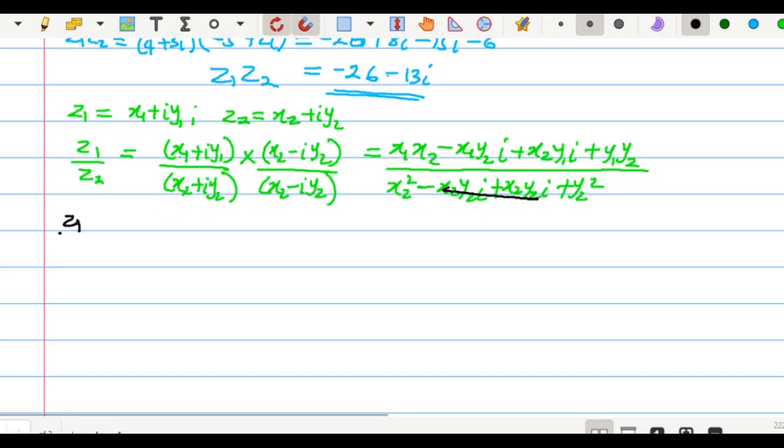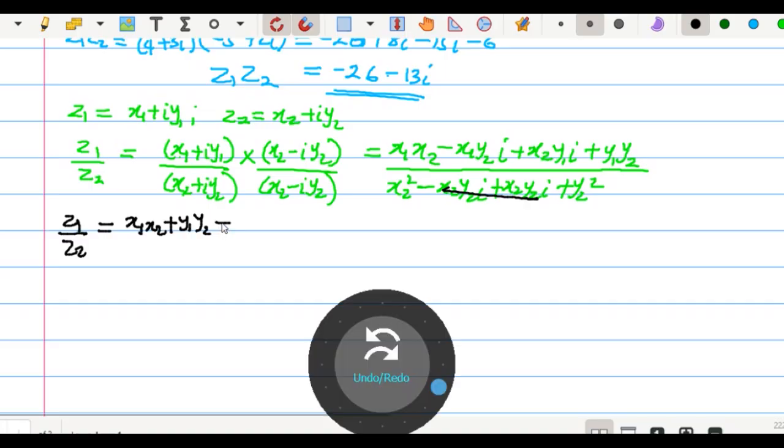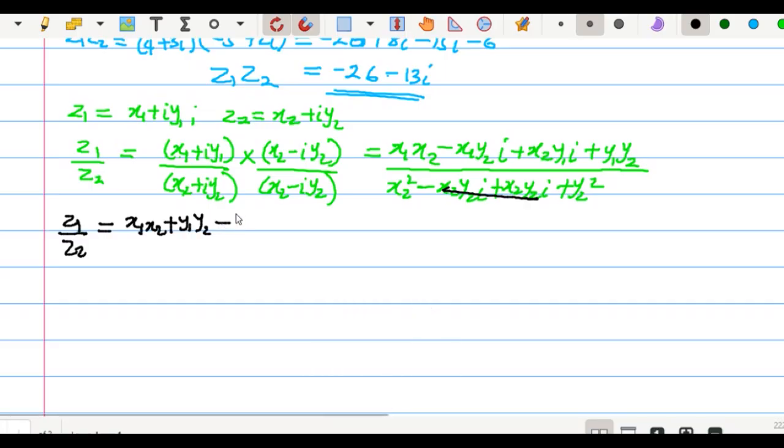Then we're going to have z1 over z2 to be equal to, let's bring the real parts together, x1 x2 plus y1 y2, and this is going to be plus the imaginary part, I can as well say minus there, x1 y2 minus x2 y1 i, all divided by x2 squared plus y2 squared.